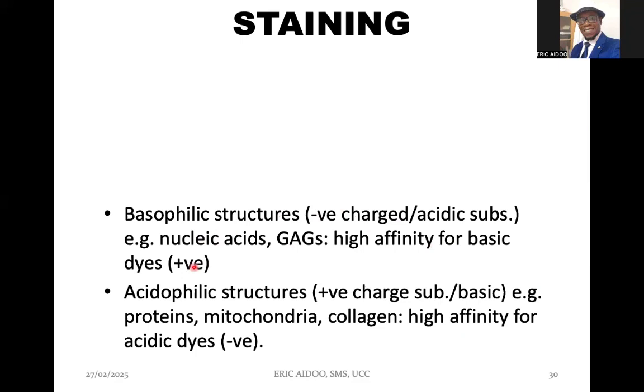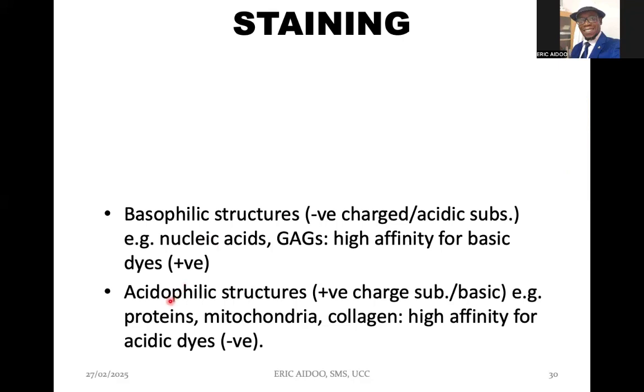So they will pick the basic dye, which is the hematoxylin. If you know the color of the hematoxylin dye is blue or blue-black, then anytime you observe an H&E micrograph and you see blue or blue-black colors, that means they have been stained by the basic stain hematoxylin.